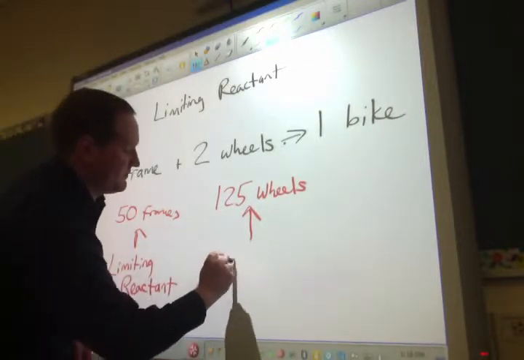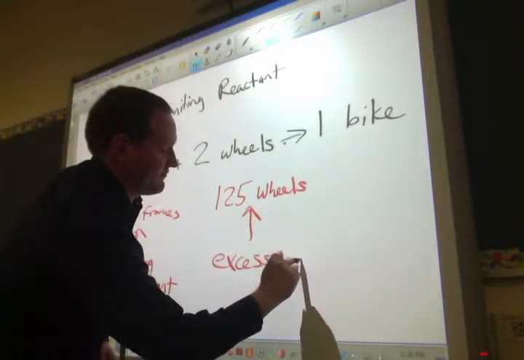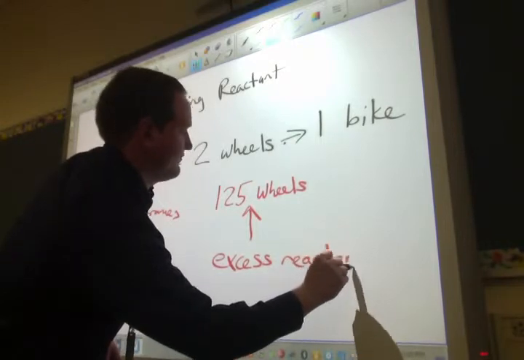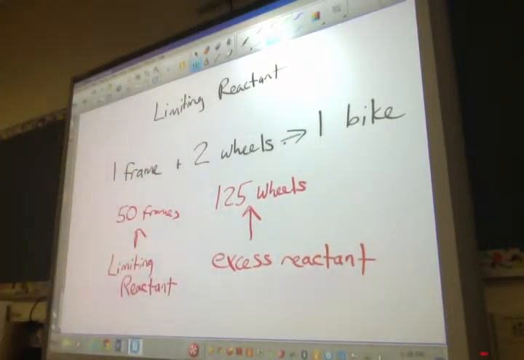Very good. So make sure you know what these terms are. Limiting reactant and excess reactant. Sometimes you'll see these called reagents as well, but I prefer the term reactant because reactants are on the left side of the arrow, products are on the right side of the arrow.